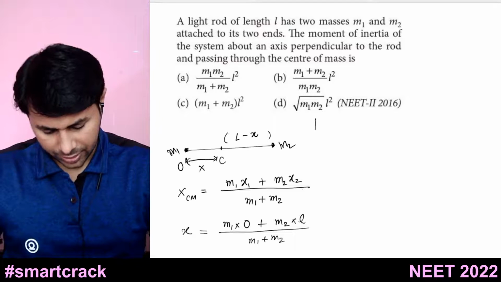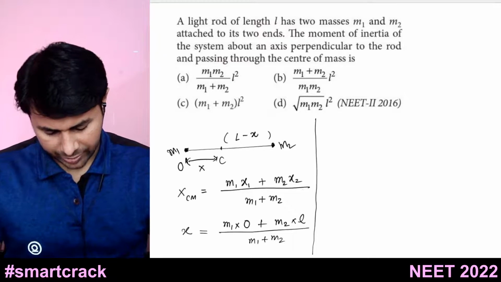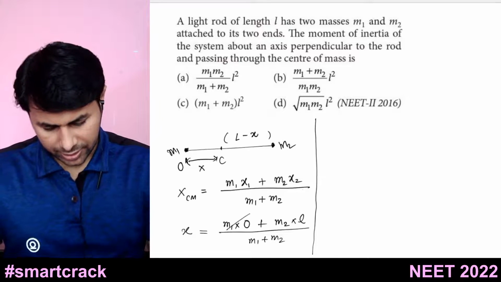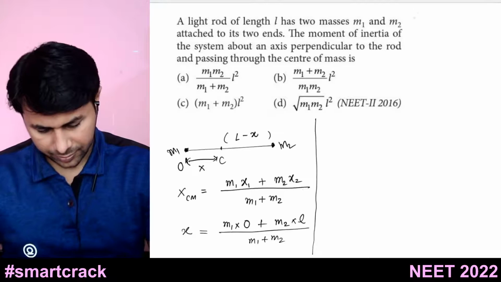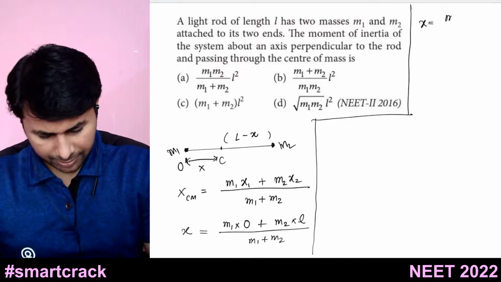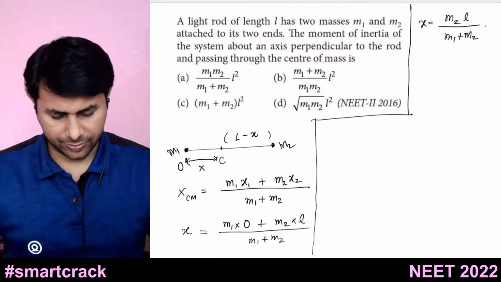So we got the value of x, which is m2 times L, because this term is 0. So we got x equal to m2 times L upon m1 plus m2.